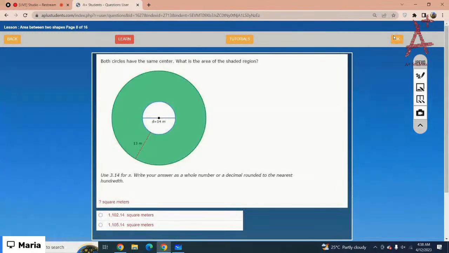Okay, which is the correct option for this one? The radius for the smaller circle is 7. No, not confused. You are given the diameter, that is 14.